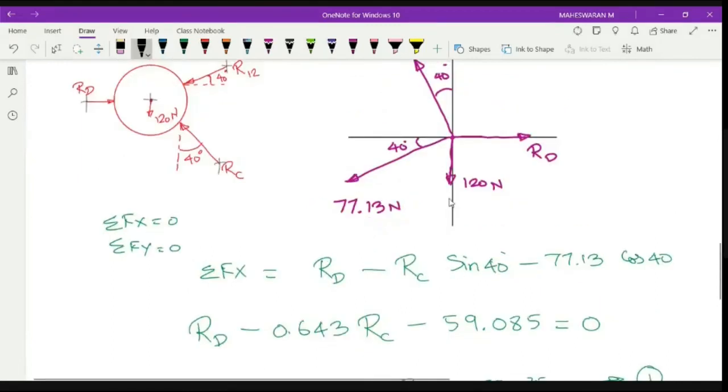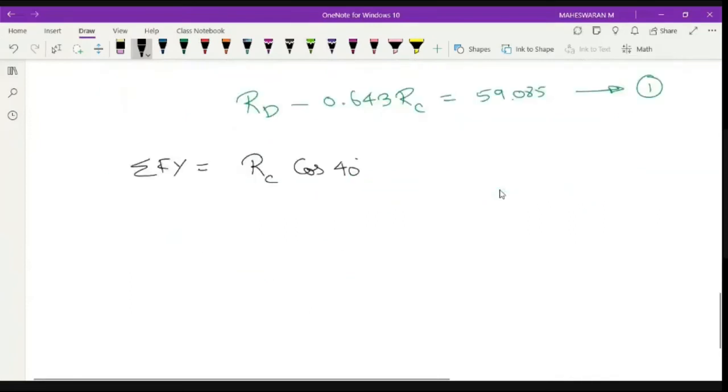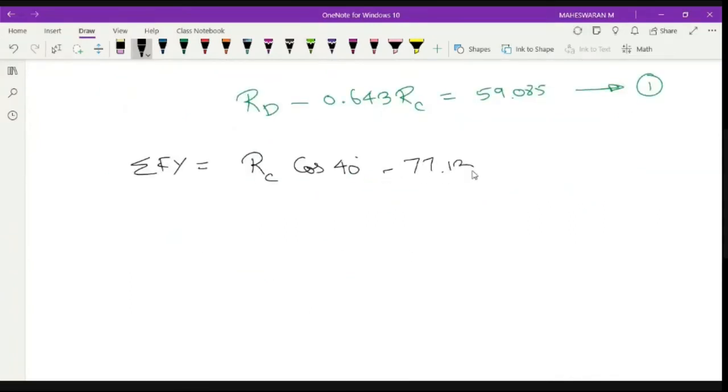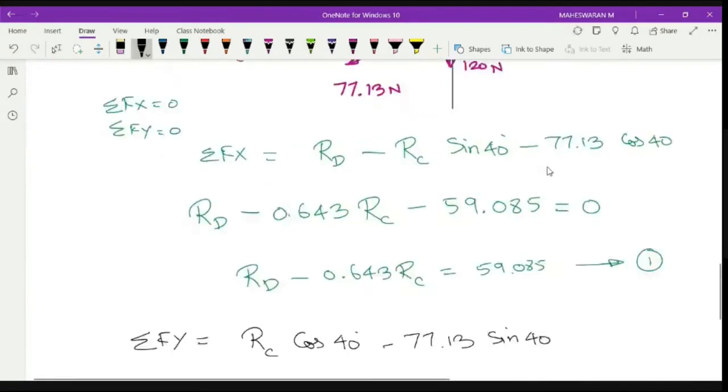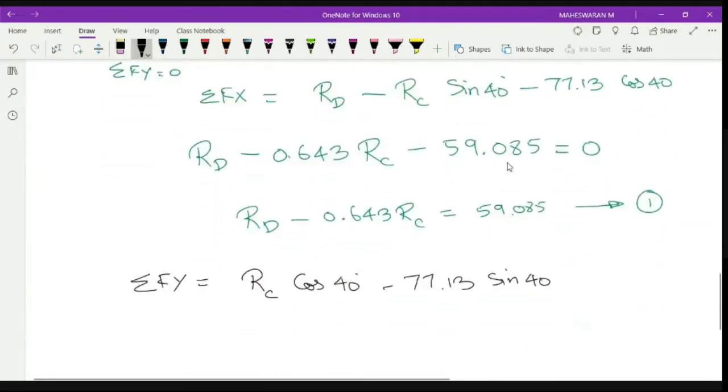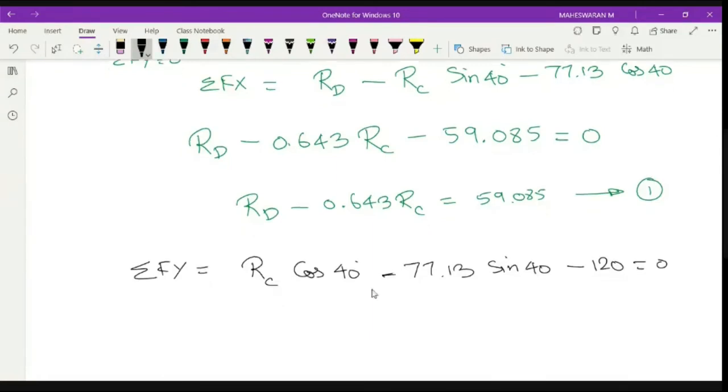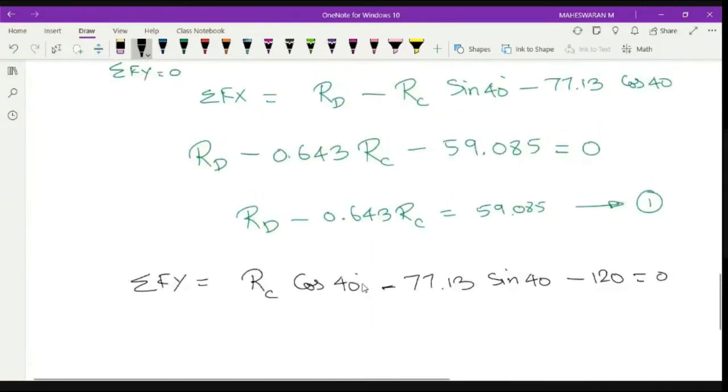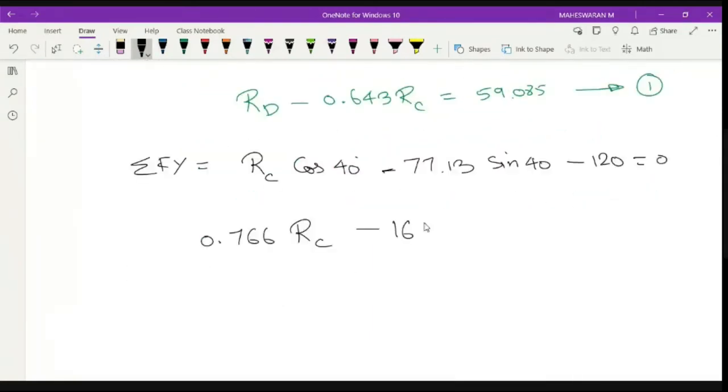Bring this to y, negative y, and the angle is increasing, so minus 77.13 sine 40. And this 120 is directly negative, so minus 120. So what will we get? Minus 169.57.